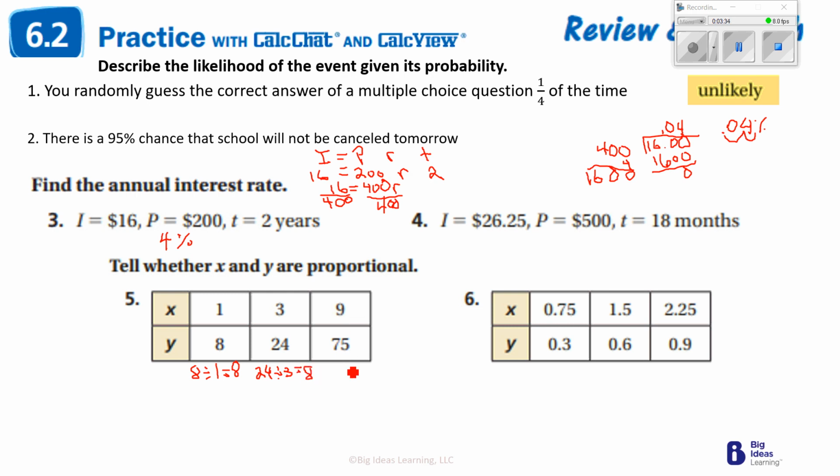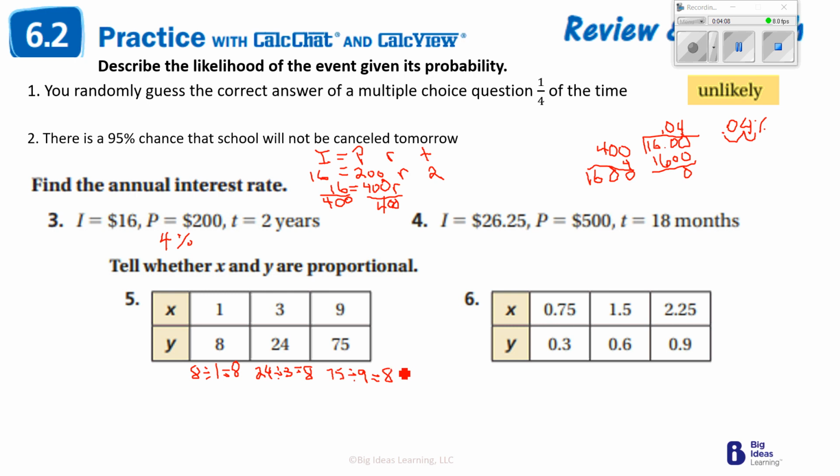Now we have 75 divided by 9. This might be a little harder. I can tell you right now, I happen to know that 72 divided by 9 is going to be 8. So this tells me I'm not going to get 8 here. It's going to be 8, and then if I divide this by 9, 3 left over.